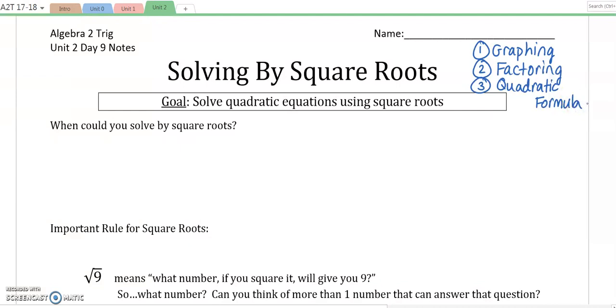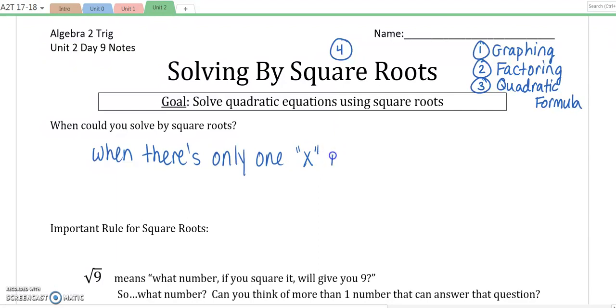So this fourth method that we're learning, square roots, is not going to work all the time. We only have two methods that always work, the quadratic formula and one other one that we're going to learn later. So solving by square roots only works when there's only one x in the equation.